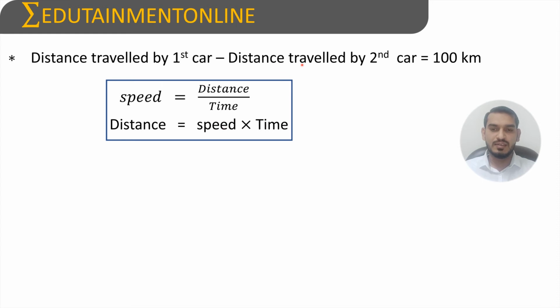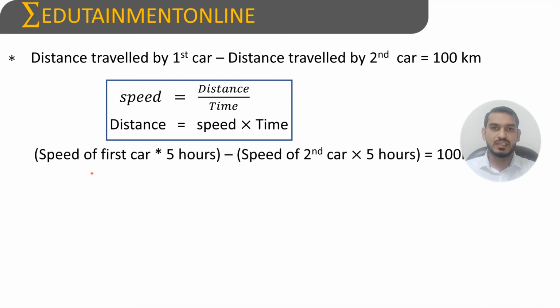So the distance traveled by the first car is x into 5 and the distance traveled by the second car is y into 5. Speed of the first car times 5 hours minus speed of the second car times 5 hours is equal to 100 kilometers. So 5x minus 5y is equal to 100.